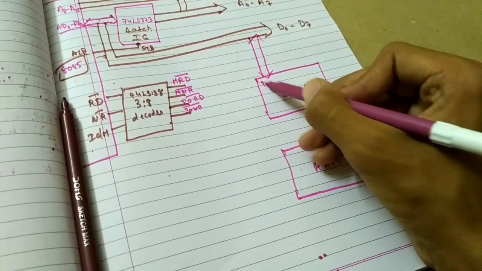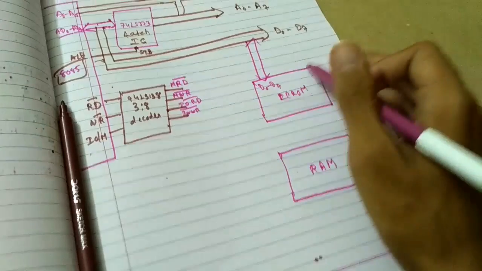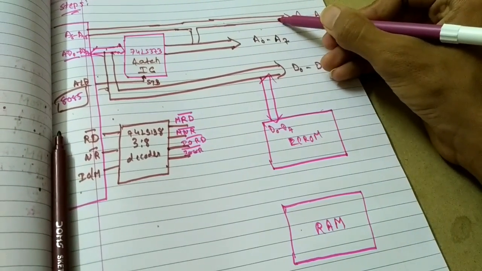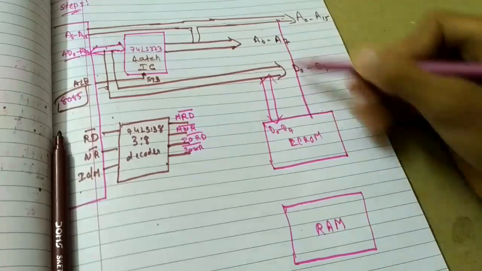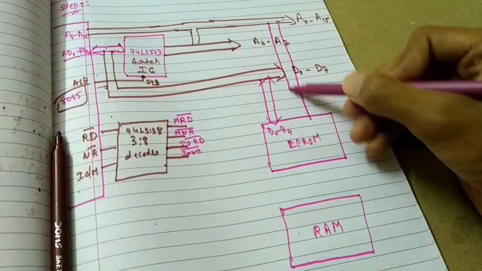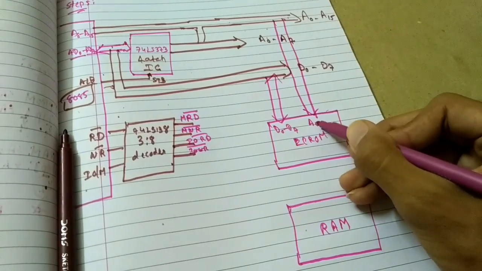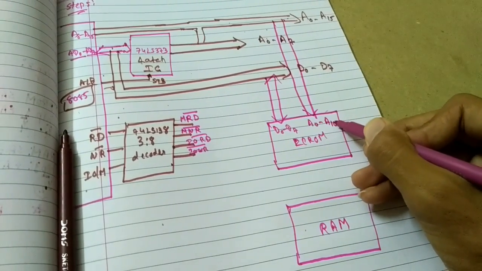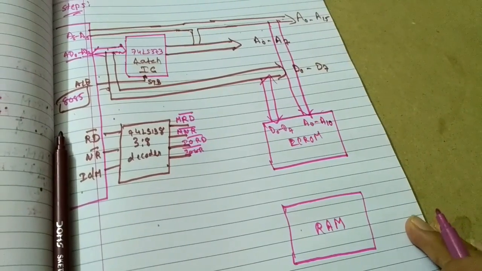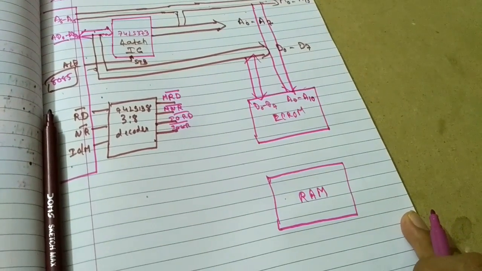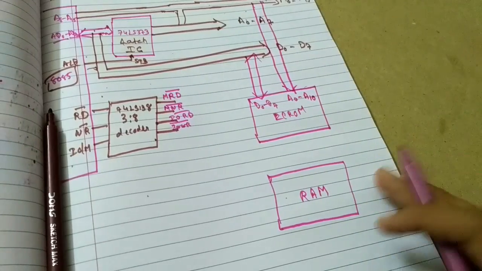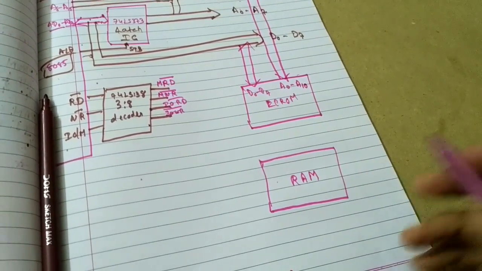So this is directly provided. Over here D0 to D7 comes. This is also directly provided. Over here only A0 to A10 will come, because the other address lines are used for decoding logic, which we will see.